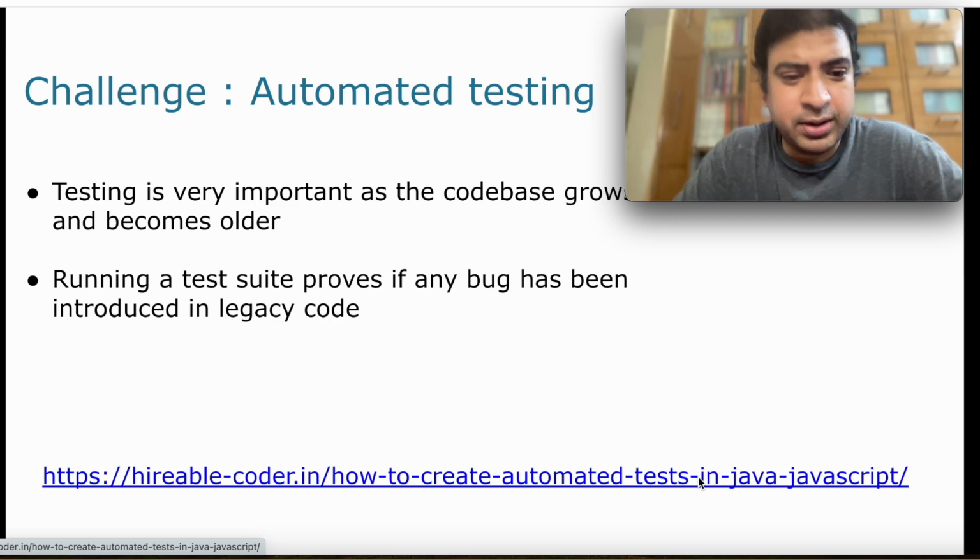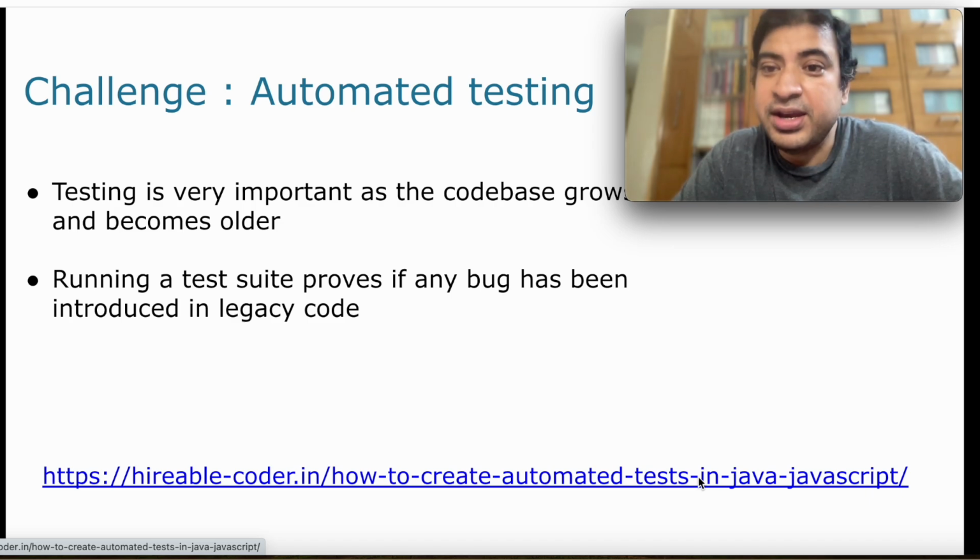But before we actually start doing automated testing, let's try to understand why we need it. You might not see the value of automated testing in simple programs. Yes, that's true.